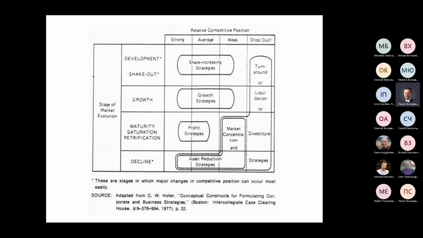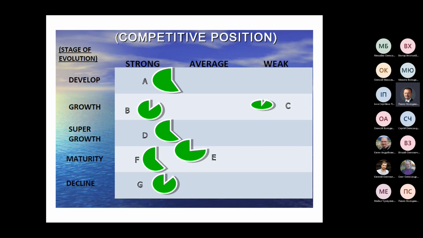Yes, relative market share is a very important characteristic, maybe the most important, but when building the General Electric matrix we are adding other characteristics of the strategic business units. And here we have the stage of market evolution or stage of the product. In this situation it is totally the same.